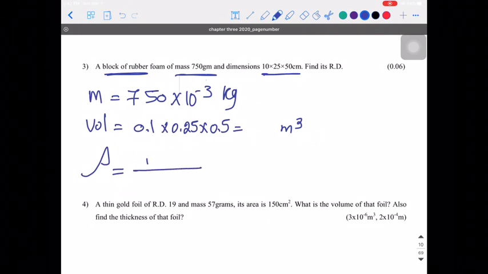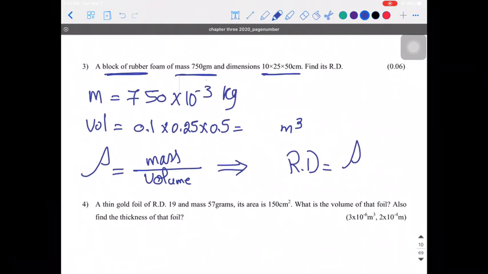Use the density by substituting mass over volume, and then we can get the relative density, which equals the density over that of water. Okay, that was all for density.